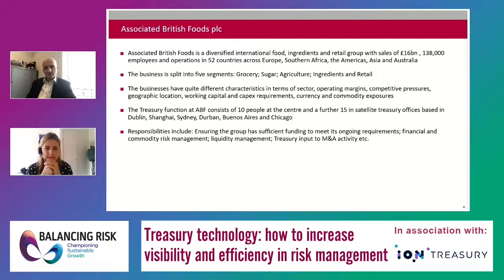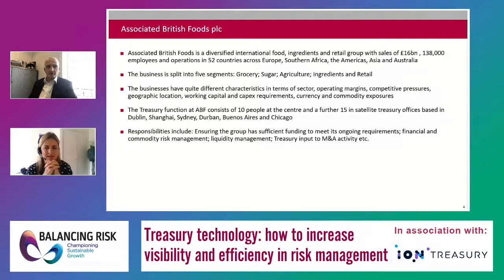So the treasury function within ABF consists of 10 people at the centre, and then a further 15 individuals in satellite treasury functions in various cities across the globe. So the responsibilities of treasury within ABF, I think, are pretty consistent with what you'd see in many other large organisations. So a prerequisite is ensuring that we have sufficient funding to meet the ongoing requirements of the business.